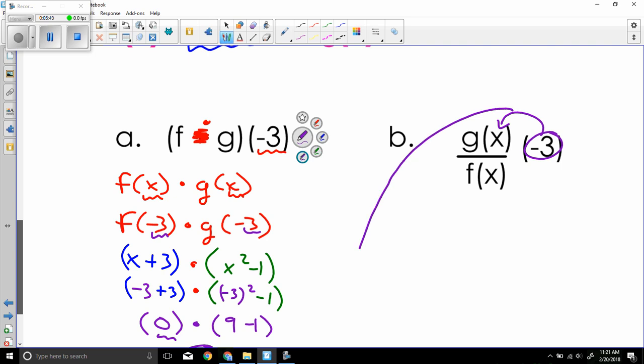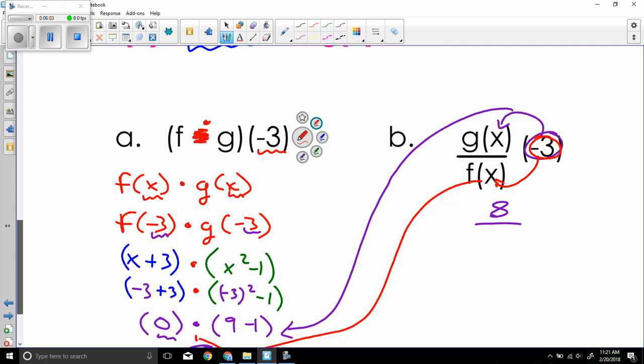I did it way over here, so I know that that's just going to be 8. Divided by, well, what's this negative 3 plugged into the f? We actually found that too, way over here. It's that 0. I can't take 8 divided by 0 because 0 is in the denominator, so this is just undefined.